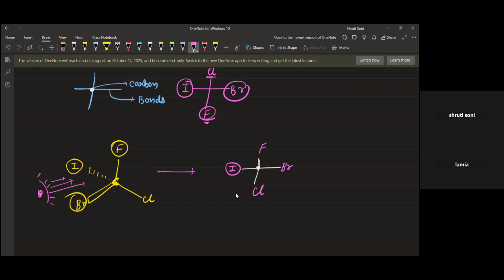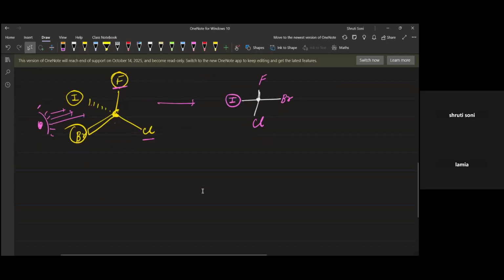Do you understand? So iodine is on the left and bromine is on the right. And when two atoms lie in the same plane, like this one, they are put in the same line. Let's suppose I will give you one more example.